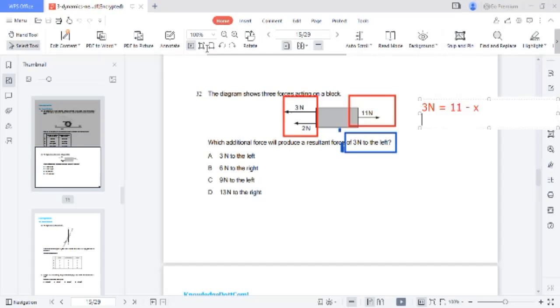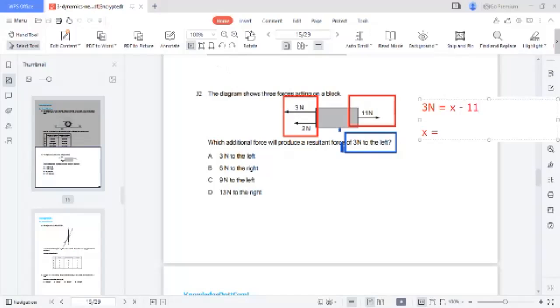So now rearrange these. If I move x to this side, our required answer is 3 newton. Okay, x is greater than 11 actually. Yes.